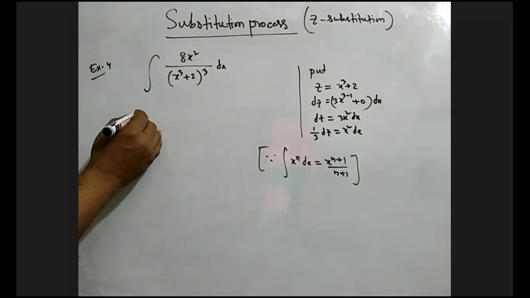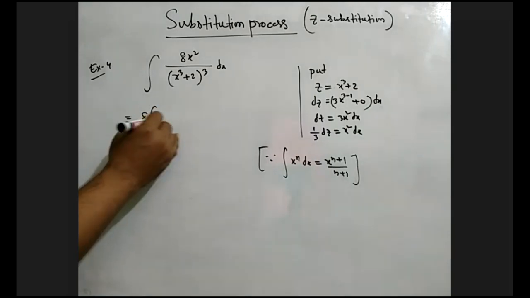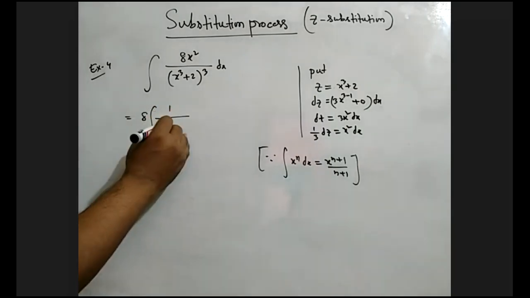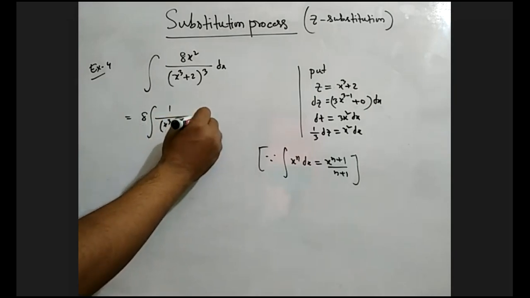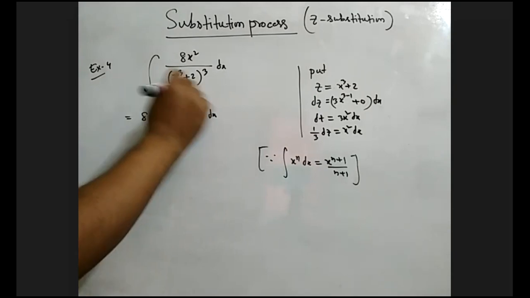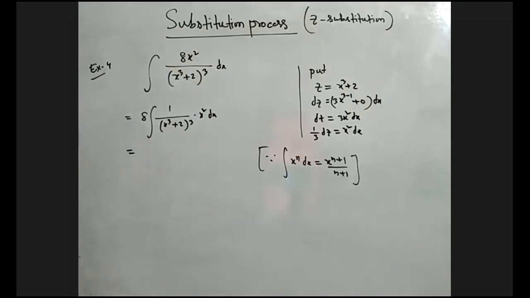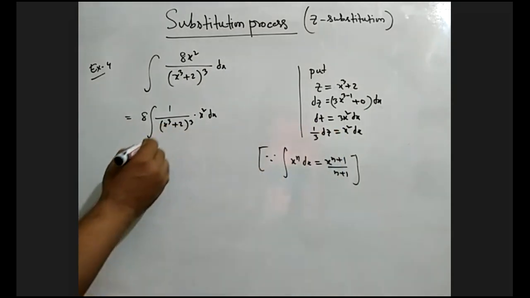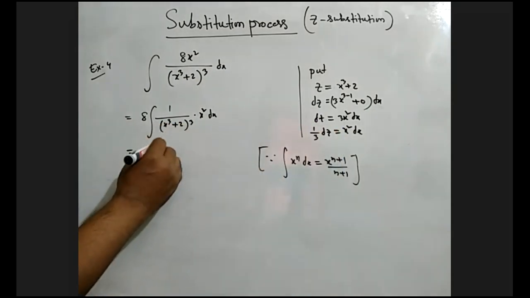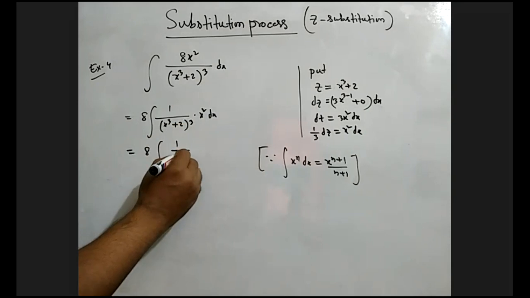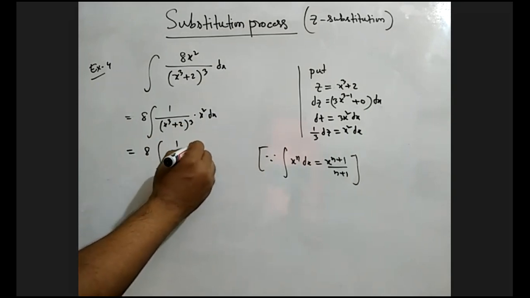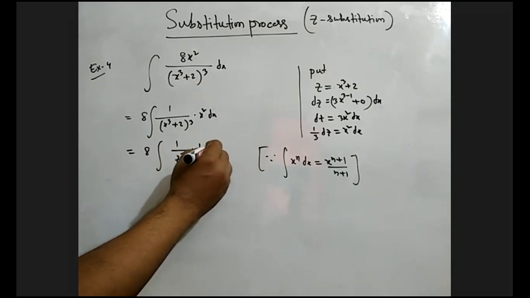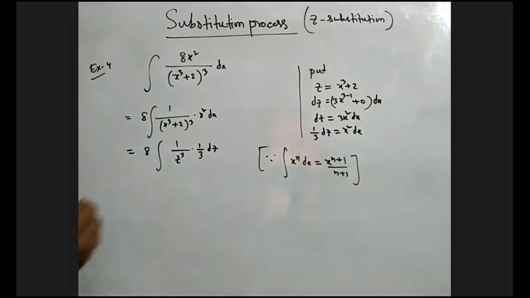So we can write here 8 times the integral of 1 by x cube plus 2 whole cube times x square dx. Just arranging, we can write this. Now x square dx equals 1 by 3 dz, and x cube plus 2 whole cube equals z cube, so 1 by z cube. Very easy.